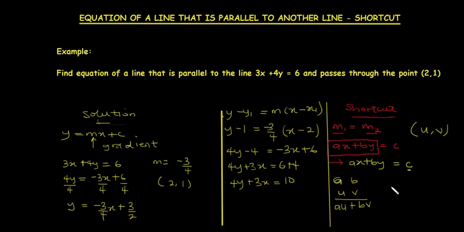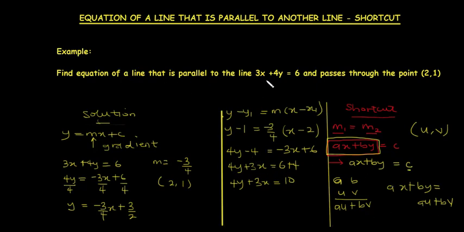So our new equation is going to have ax plus by from the given equation, then our c is going to be au plus bv.